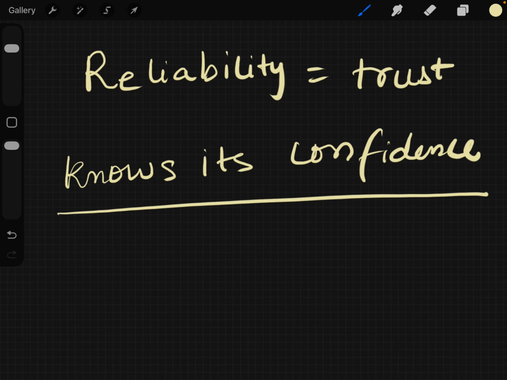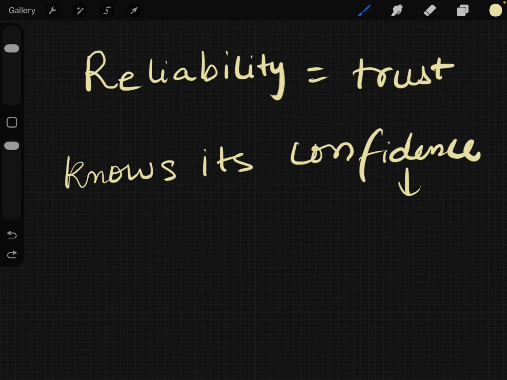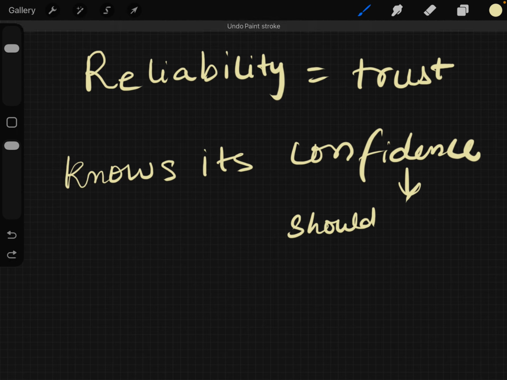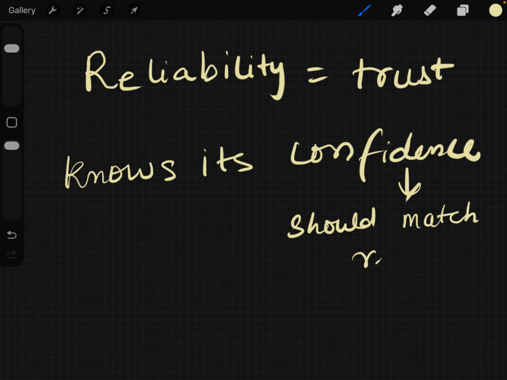It goes beyond just being correct. A reliable model knows when it is confident and when it is not. Instead of acting sure all the time, a reliable model reflects uncertainty when the situation is unclear or unfamiliar.